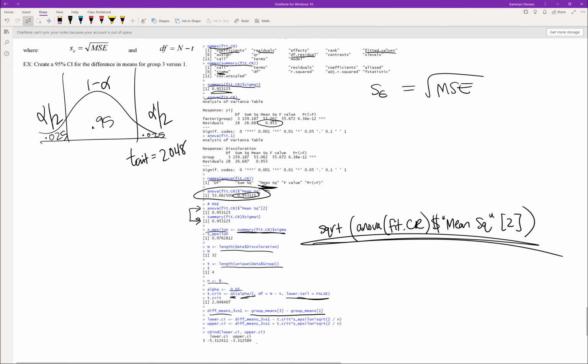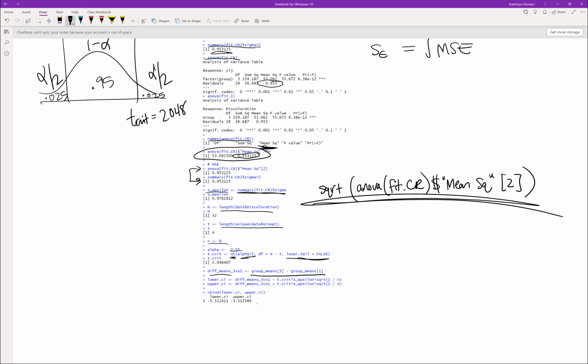We take that difference in means minus t critical times S epsilon times the square root of 2 over n. The upper value is the difference in means plus t critical times S epsilon times the square root of 2 over n. And I finally obtain my confidence interval: negative 5.312 to negative 3.312.